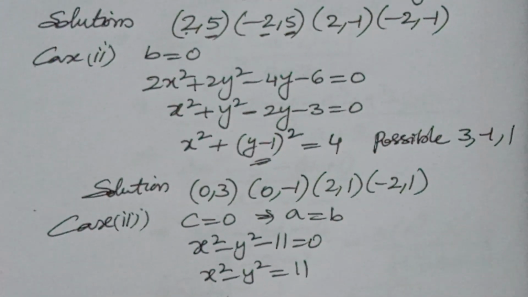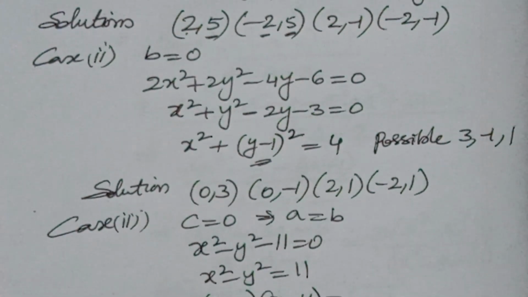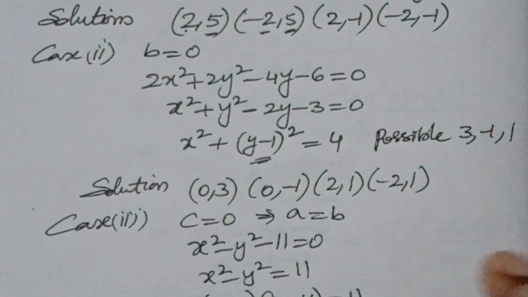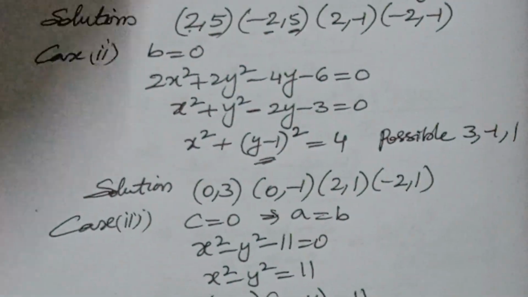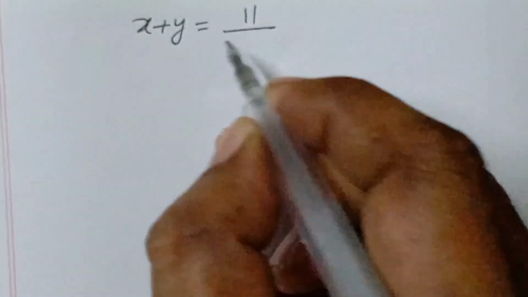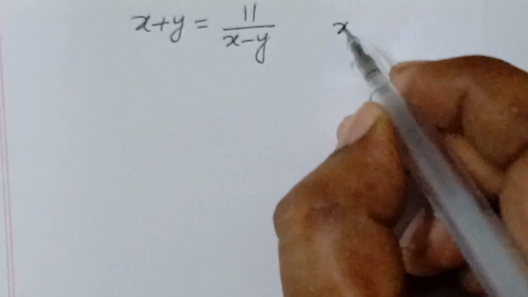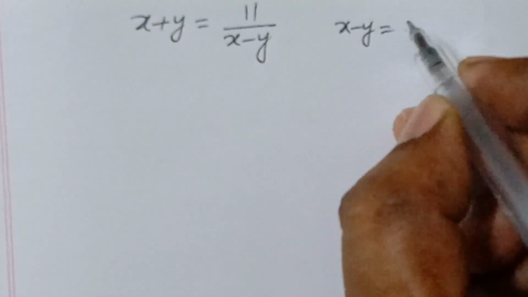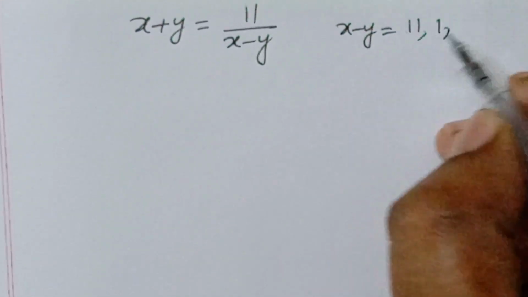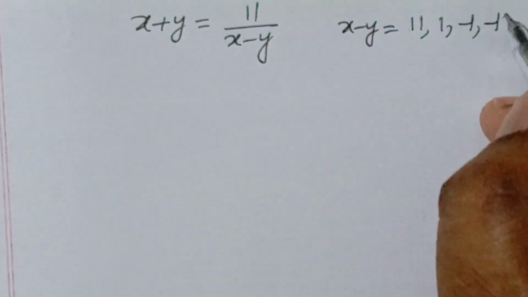So x plus y into x minus y is equal to 11. So we'll continue here. So here x plus y is equal to 11 by x minus y. So the possible values of x minus y will be 11, 1, minus 1, minus 11.